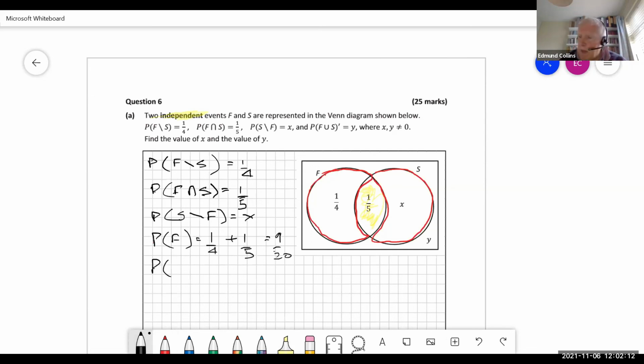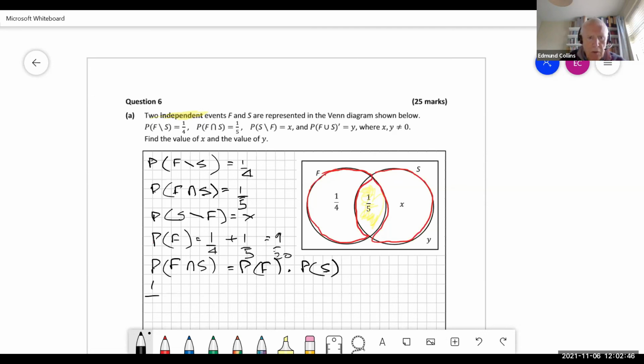So we know for independent events from our rule, the probability of F and S equals the probability of F multiplied by the probability of S. In fact, that's the key part in this question. Now we've already calculated the probability of F, and we know that the probability of F and S is a fifth.